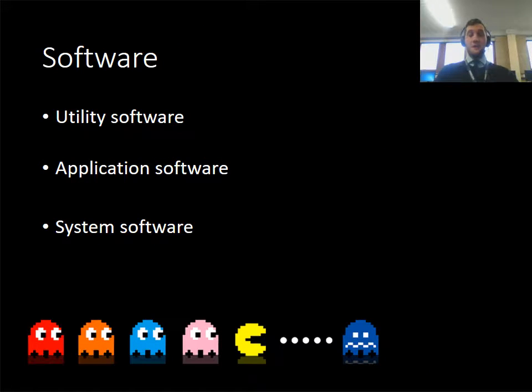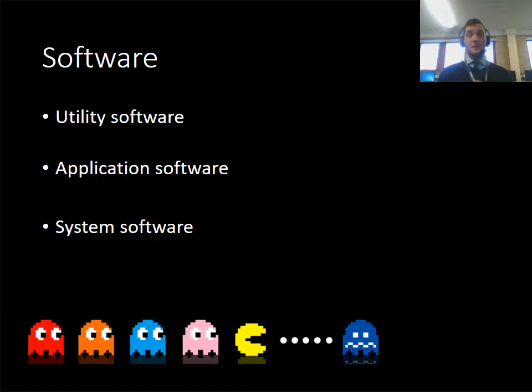There are three general categories that software is fitted into: utilities, application, and system software. If you remember, utility software only has one purpose, and it's generally there to help you maintain your computer and make it work a lot better.